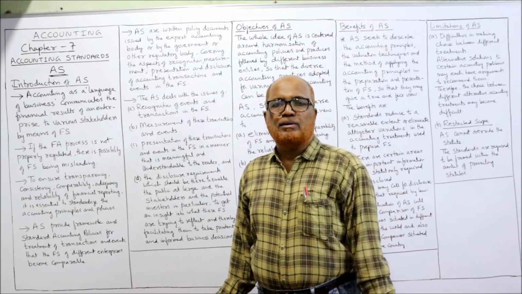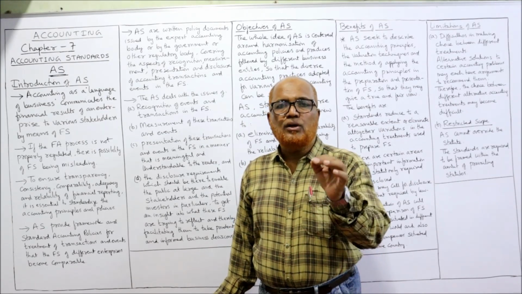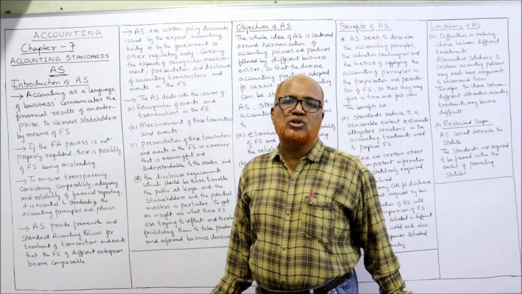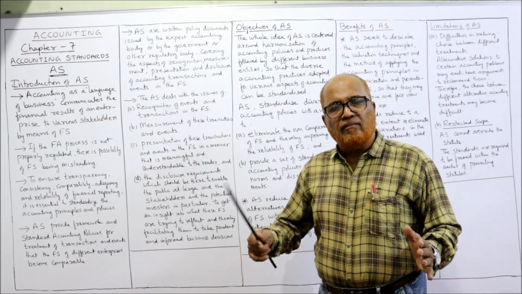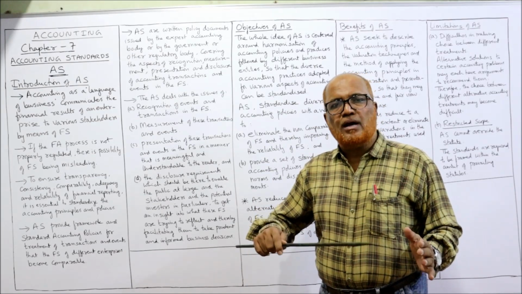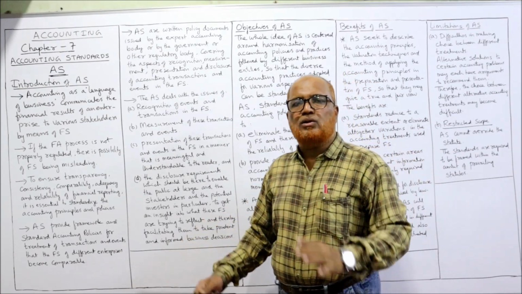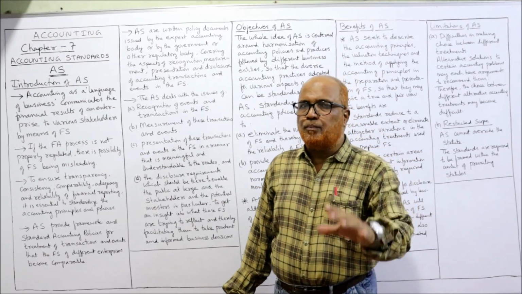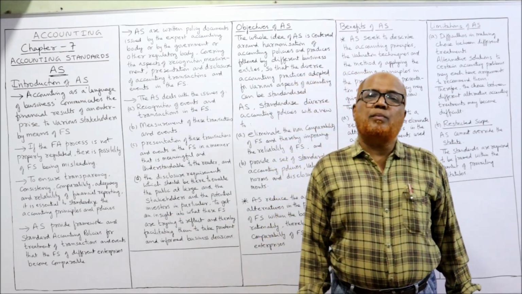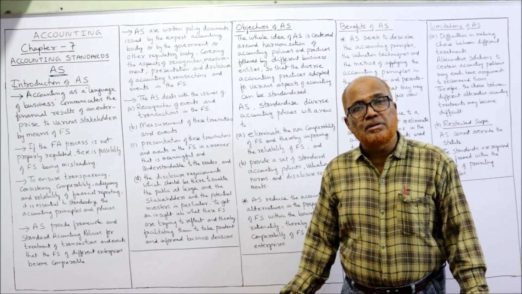So these financial statements should contain the true and fair information about the business. So accounting is the language through which the enterprise will communicate with the outside world. Now, if the financial accounting process is not properly regulated, there's a possibility that financial statements may be misleading.